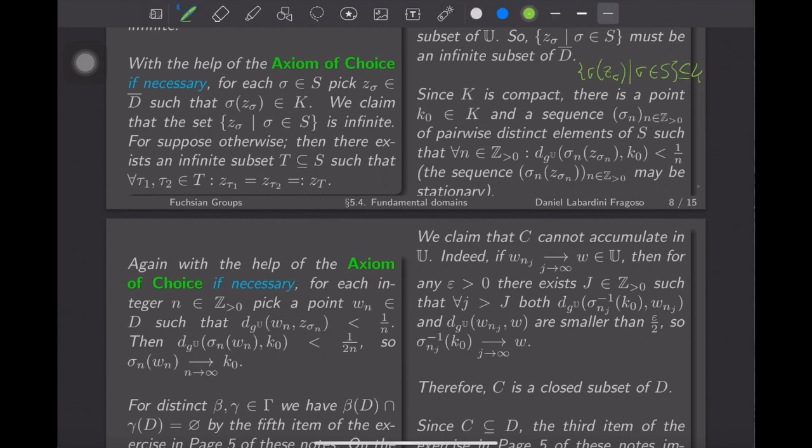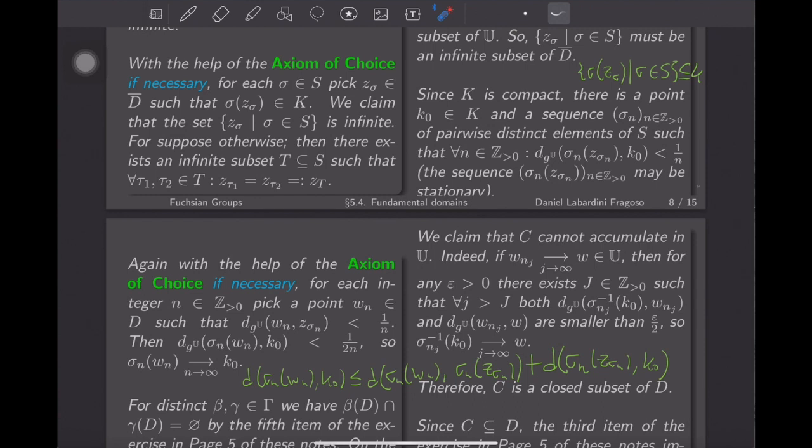So D of sigma n Wn, K naught is less than or equal to D of sigma n Wn, sigma n of Z sigma n, plus the distance of sigma n Z sigma n to K naught.